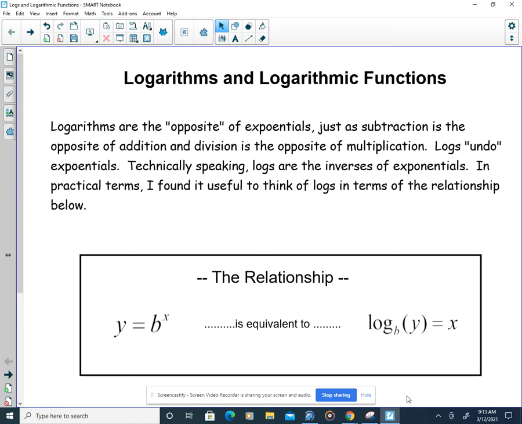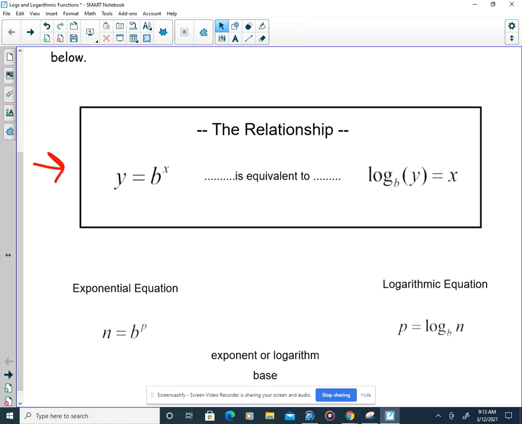In all practical terms, I found it useful to think of logs as this relationship here that's in this box that we're getting ready to look at. So over here on the left-hand side, we have an exponential equation.